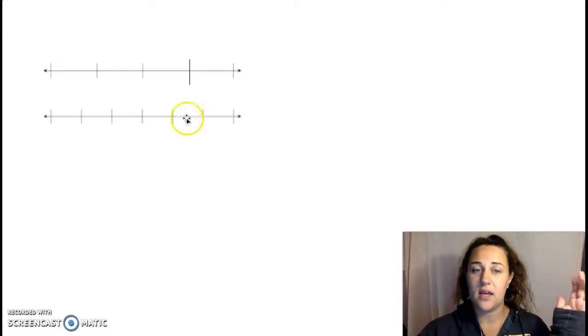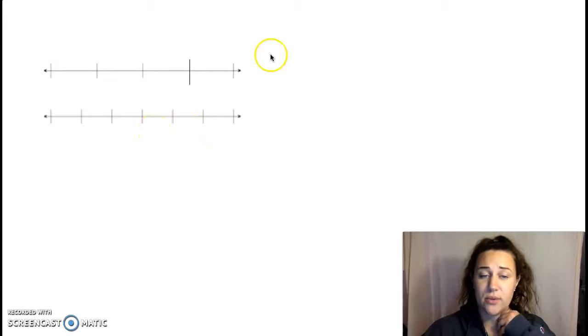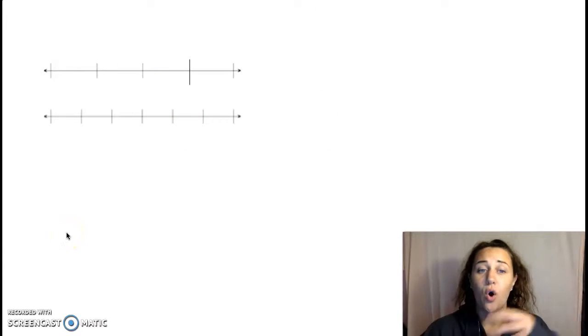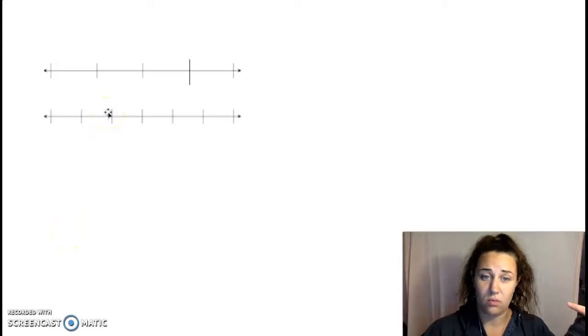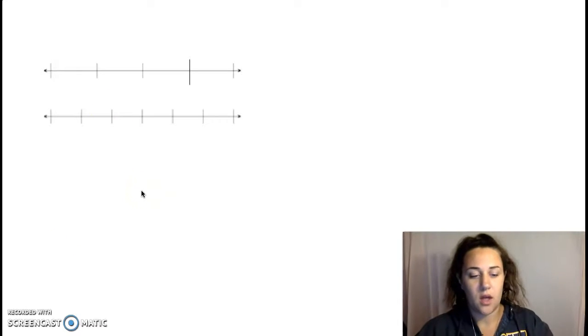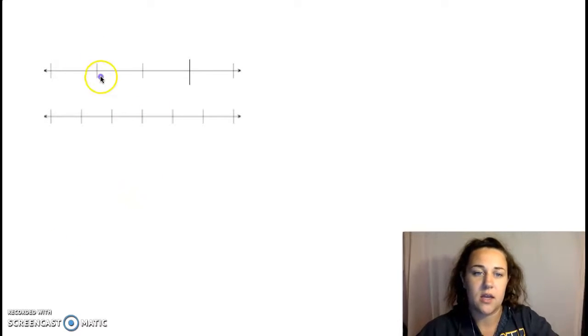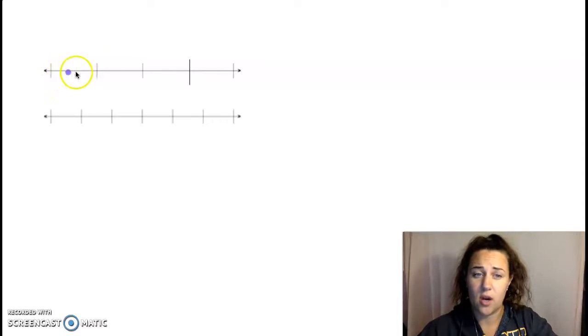So when I have my number lines here and they're absolutely empty, I have to figure out where my fractions go. Remember, when we use fractions on a number line, we look at our parts out of our whole. So there are, on this one, 1, 2, 3, 4 equal parts. And I know the first line is going to be 1 out of 4, or 1/4.